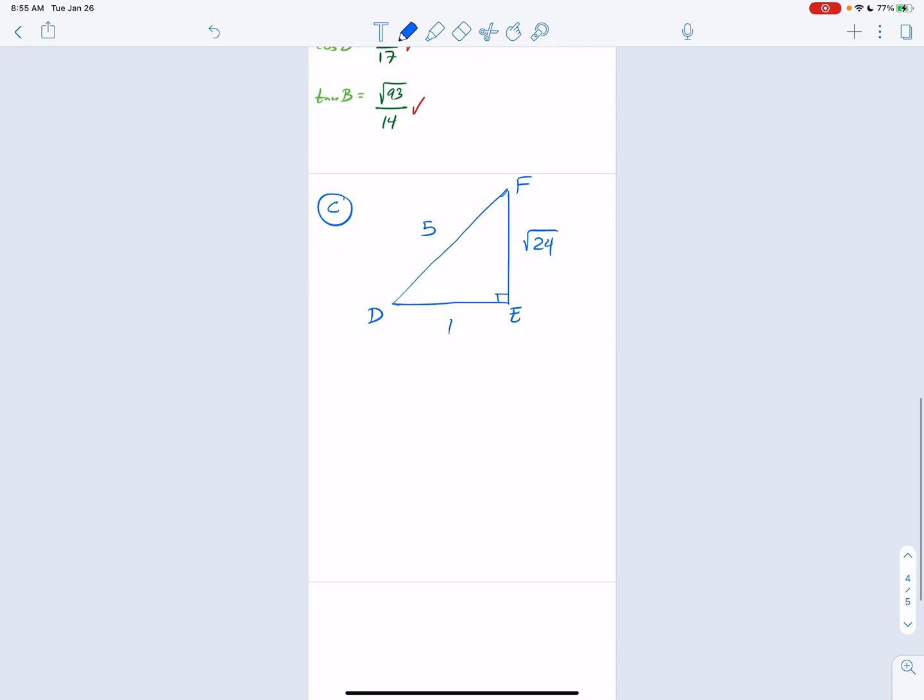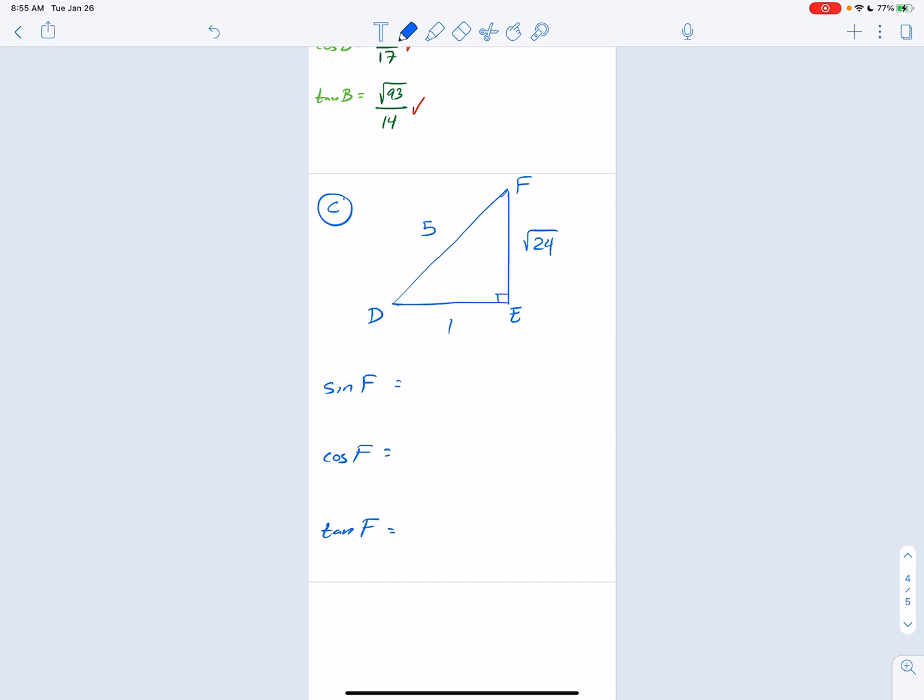Okay, I want you guys to go ahead and find sine of F, cosine of F, and tangent of F. Press play whenever you're ready.